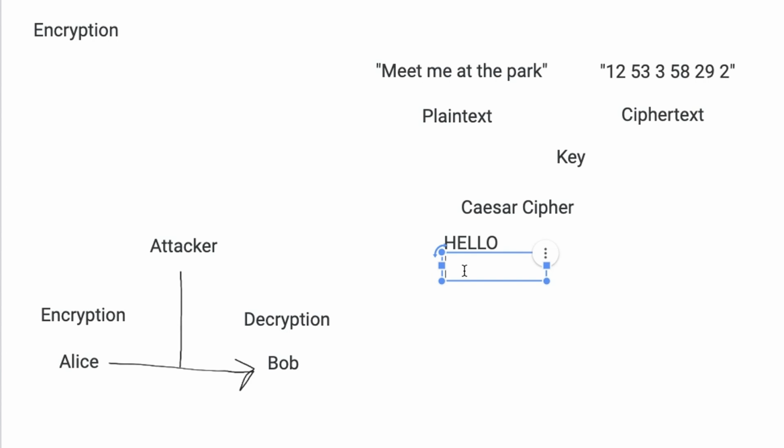So for example, with HELLO, we want to shift each letter forward a number of times.